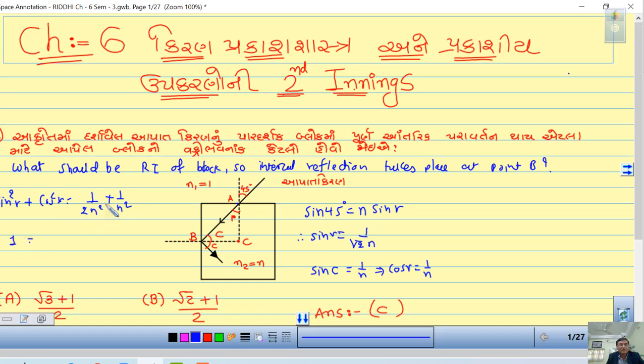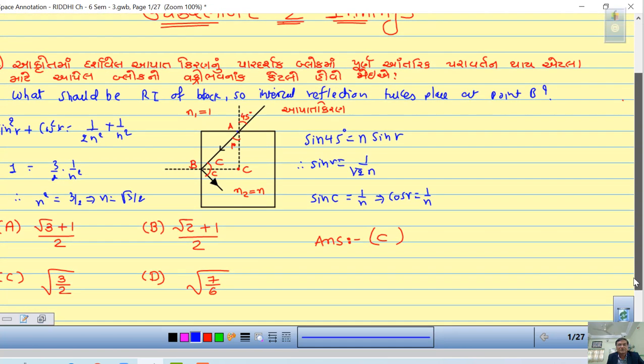So this is 1 by 2 and 1 upon n square, this becomes 3 by 2, 1 upon n square. And therefore, n square is equal to 3 by 2, means n is equal to root 3 by 2. I think this must be the correct answer, root 3 by 2, yes. So this option is C, this is the correct one. Okay.